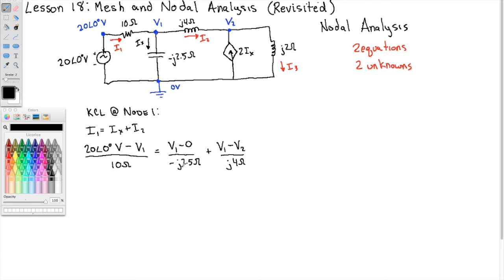Now, the next thing we can do here is multiply by the common denominator. This is where things get a little bit tricky if you're not careful. Let's multiply by J20.